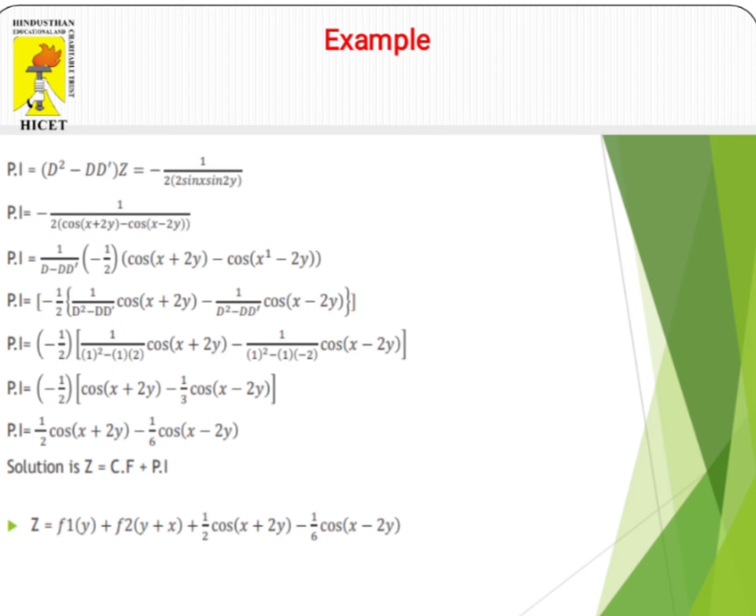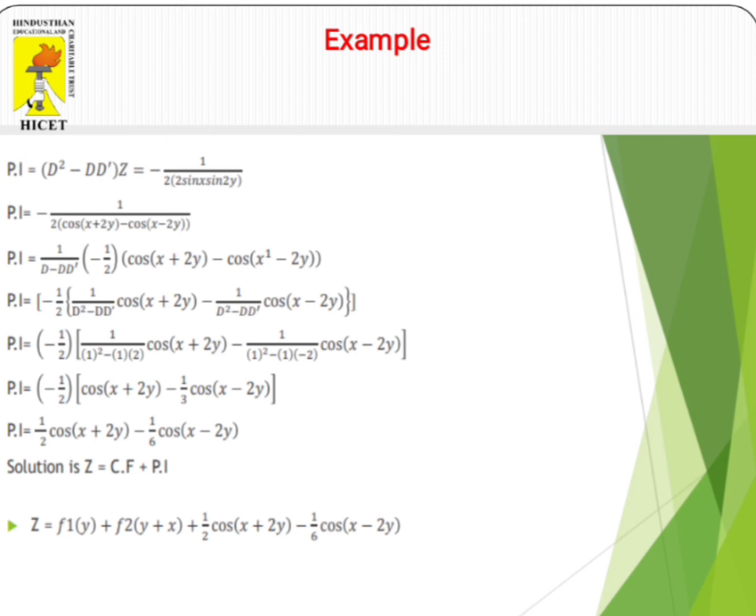After that, in these trigonometric functions, we know that the substitution is D square equal to minus a square, DD dash equal to minus ab, D dash square equal to minus b square. We just substitute the corresponding values. Here a and b are 1 and 2, and we get the particular integral equal to 1 by 2 cos of x plus 2y minus 1 by 6 cos of x minus 2y.